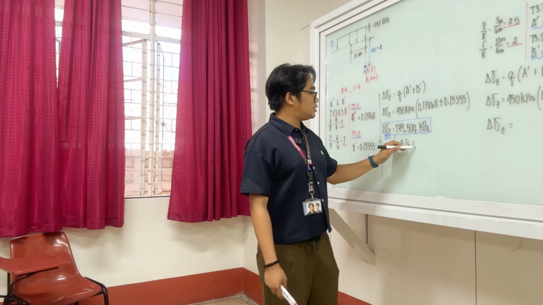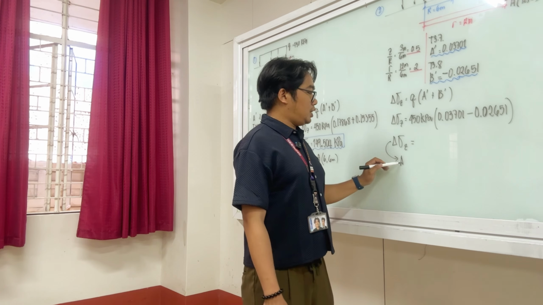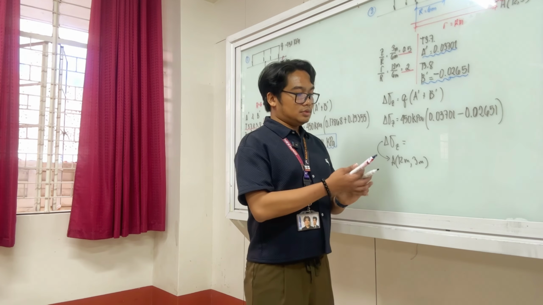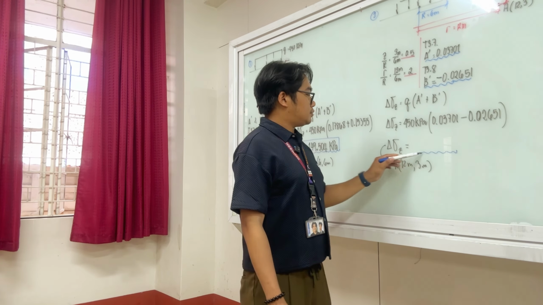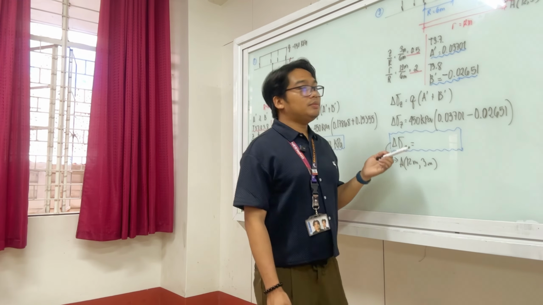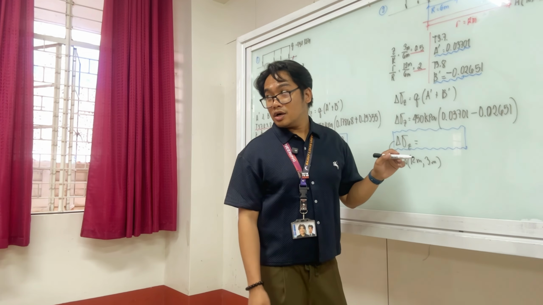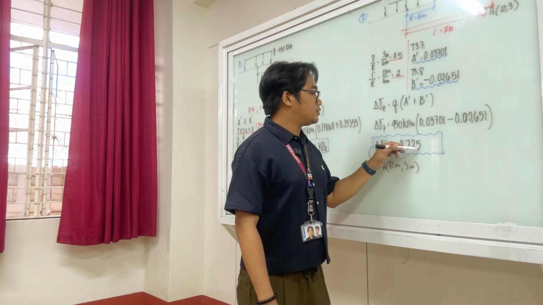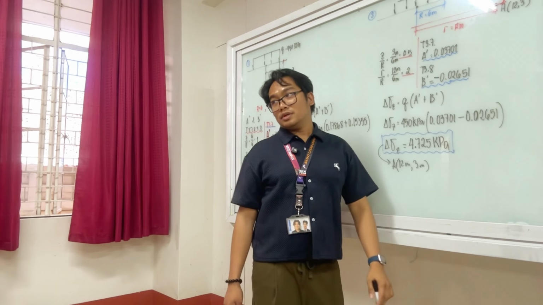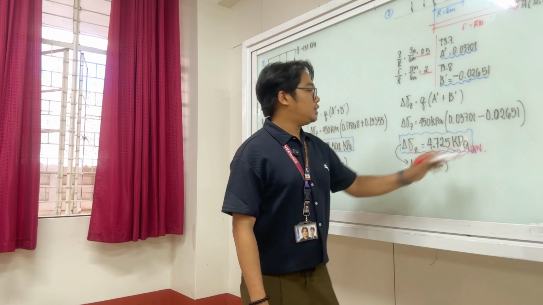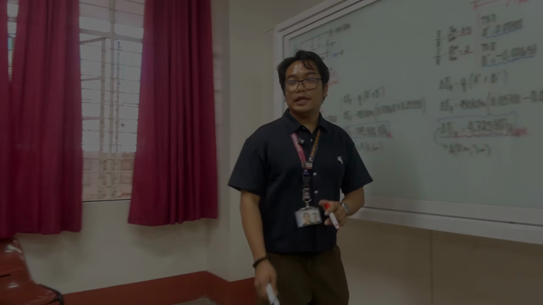So this is when A is at 6 is to 6 meters, and this is when A is at 12 is to 3 meters. What is it? 4.725 kilopascal. Okay? Are you all computing the same? Yes? This would be your final answer.